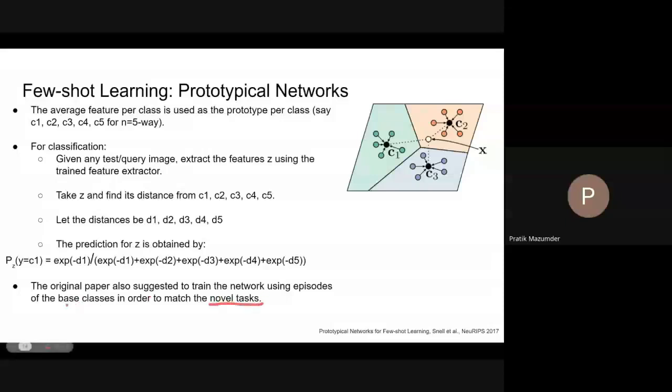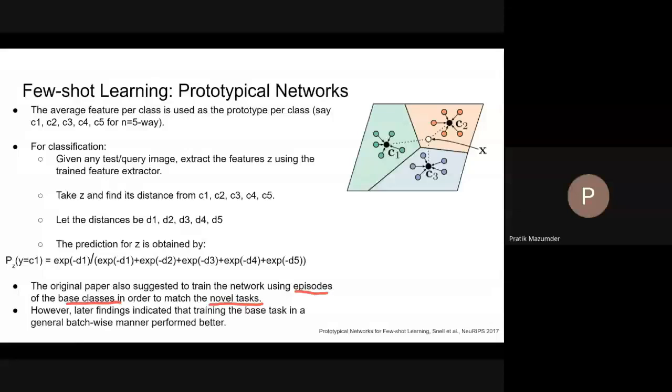So you also convert these base classes into episodes containing, say, 5-way 5-shot, and then you train the network. But in later research papers, it was found that it's better to simply train the base class in the general, batch-wise manner, how you train a general network on a given training data, and then you use that feature extractor and perform classification on your novel tasks.